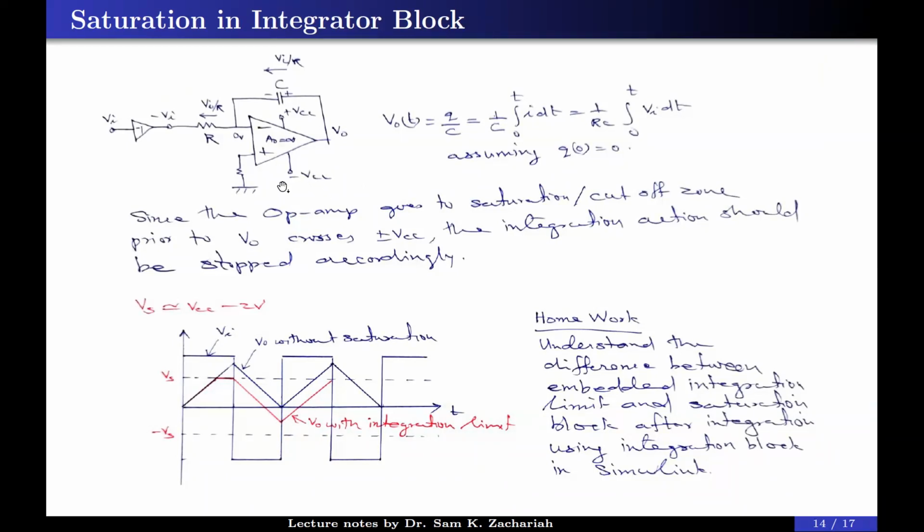So we will have to give a limit for that. But why I introduce this actual realization of the integrator is, you should understand one thing. When the integrator saturates, the process of integration itself gets stopped the moment the integrator saturates.